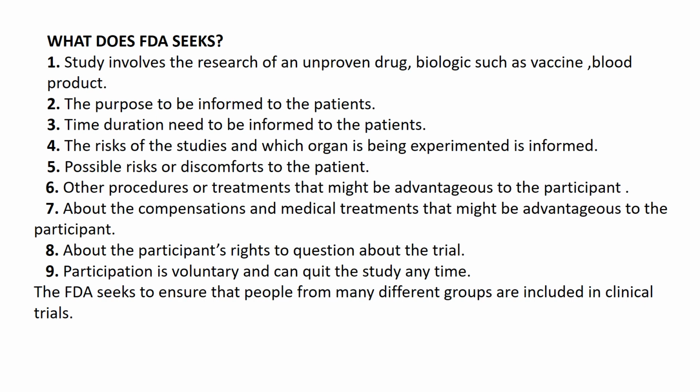The risks associated with the study and which organ is being experimented should be informed. Possible risks or discomforts should be discussed. Other procedures or treatments that might be advantageous to the participant need to be discussed. Also compensation and medical treatments that might be advantageous to the human volunteer have to be discussed.